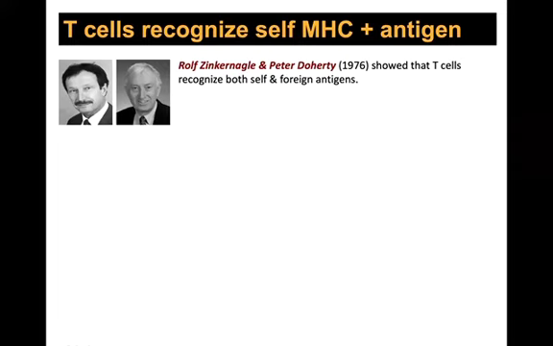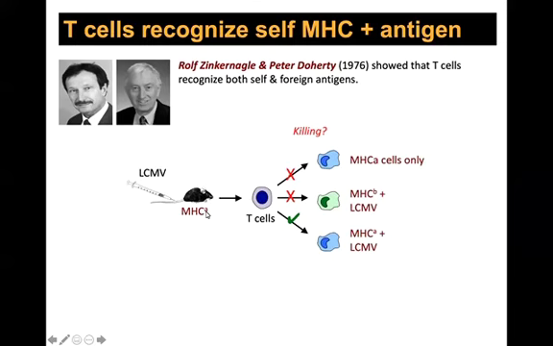Okay, so if you remember this experiment, Peter Doherty and Rolf Zinkernagel, who were at St. Jude's in Memphis and also in Australia, showed that T cells recognize both self and foreign antigens. They took a mouse that had the MHC-A haplotype, so all of the MHC in that mouse are MHC-A, and they infected that mouse with a virus.